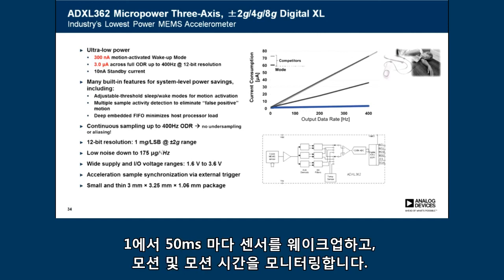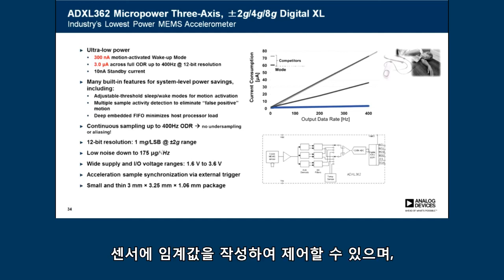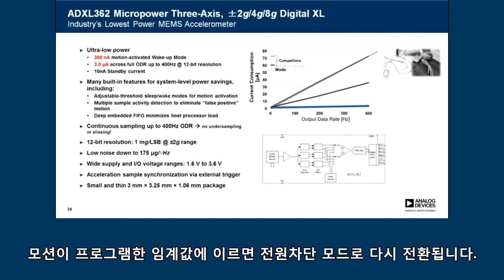So every 150 milliseconds, we wake up the sensor and monitor the motion and the time of the motion, which you can also control by writing threshold levels to the sensor. If it wakes up and doesn't see motion towards the threshold level that you programmed, it goes into power down mode again.